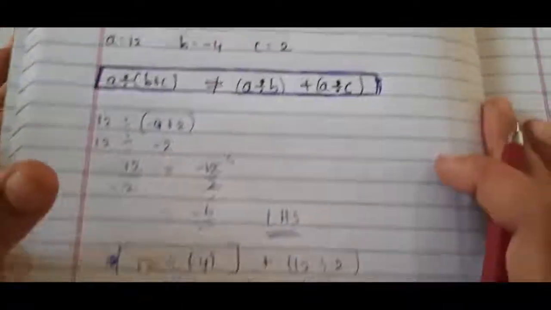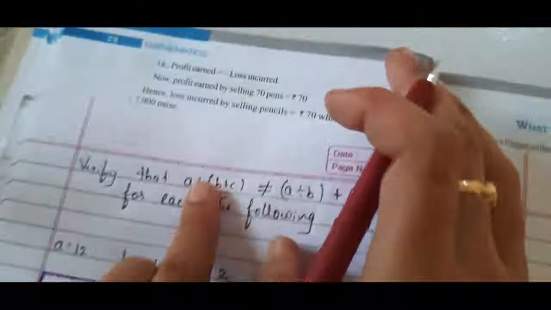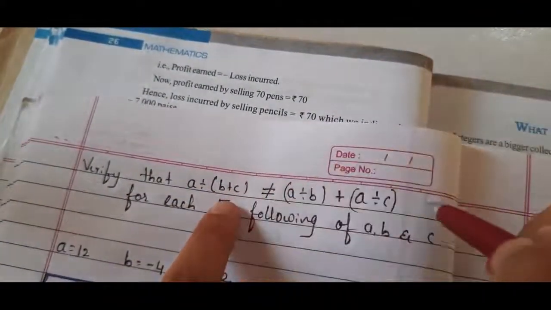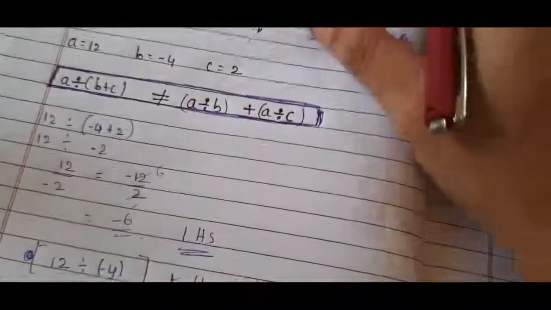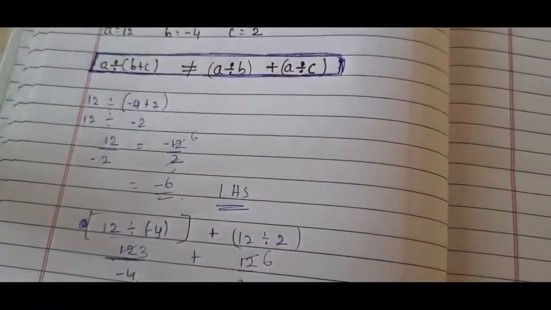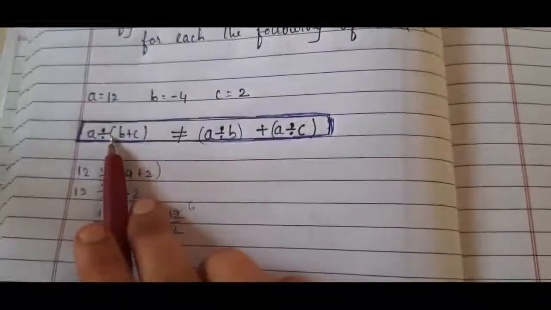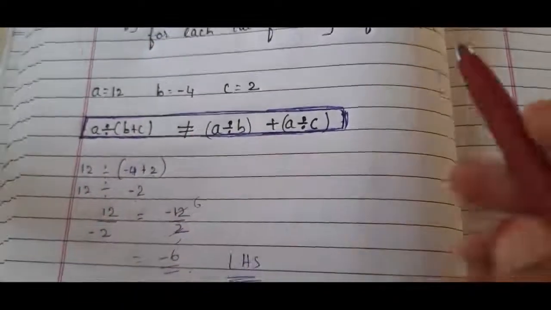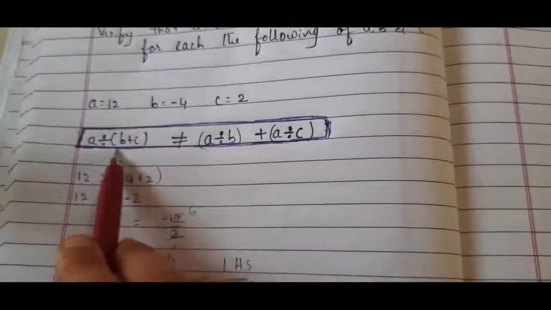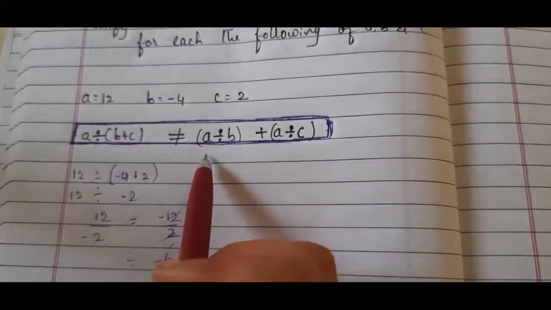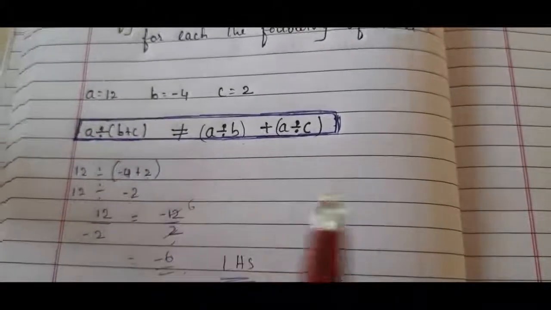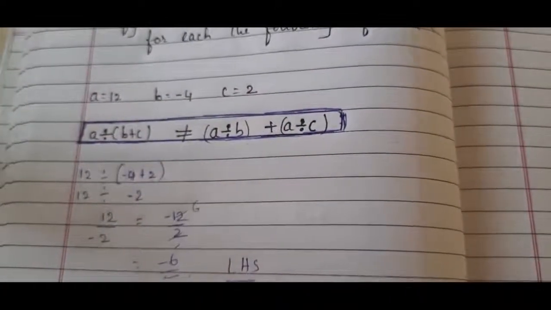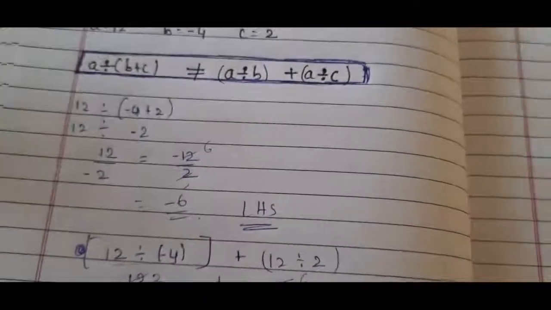See students, by this problem they are telling us that the distributive property of division over addition is not valid, because we get different values in the LHS part and the RHS part. We won't get LHS equals RHS with any number. So hence this is the conclusion from this question. And the second problem is homework.